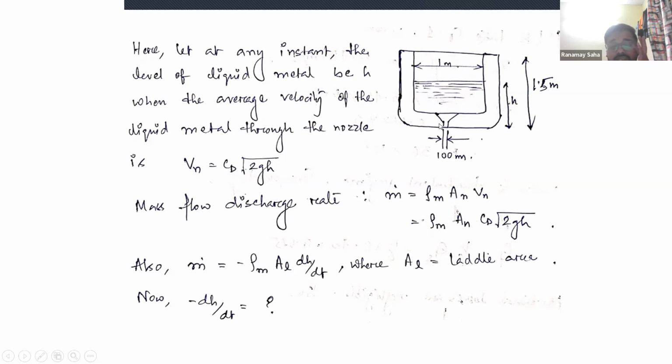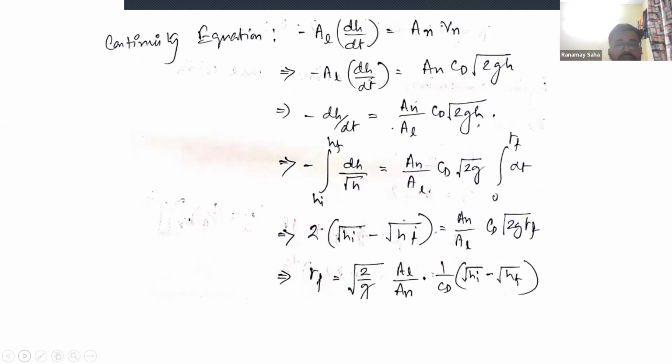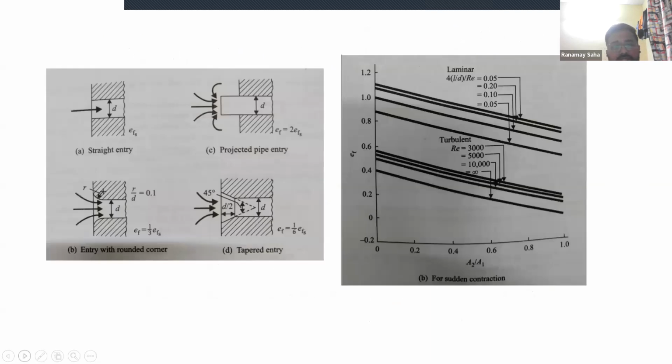So in other words, the area of the nozzle is almost negligible in terms of the area of the ladle. Let's take A2 as the nozzle area and A1 as the ladle area. The ladle area is quite large in terms of the nozzle area, so the overall A2 by A1 ratio we take to be almost 0.